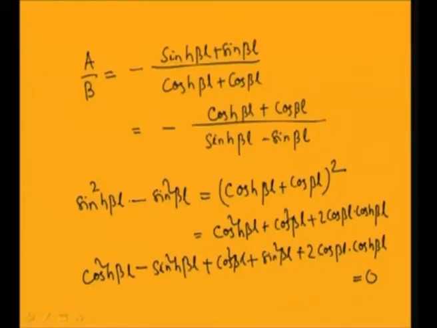You know that cosh square beta L minus sinh square beta L equal to 1. Similarly, cos square beta L plus sin square beta L also equals 1. So 1 plus 1 becomes 2, and I can write the expression as 2 plus 2 cos beta L into cosh beta L equal to 0.